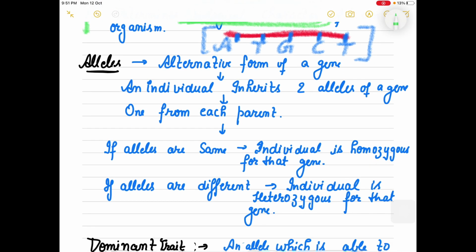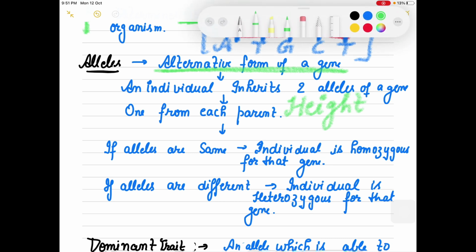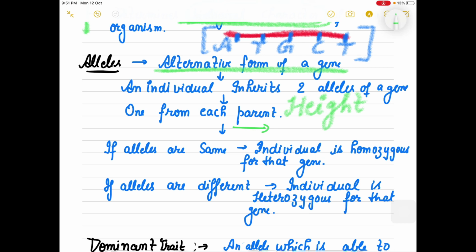Now, whenever we say gene, we never say that it is alone. There is an alternative form of a gene. Suppose, I'm taking the same example I took earlier: height. Height can be tall, it can be dwarf also.